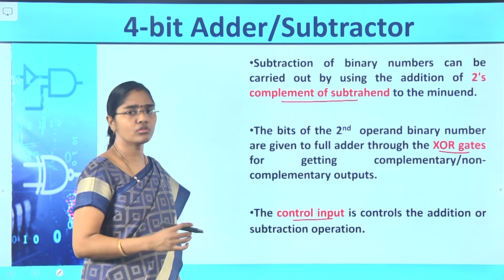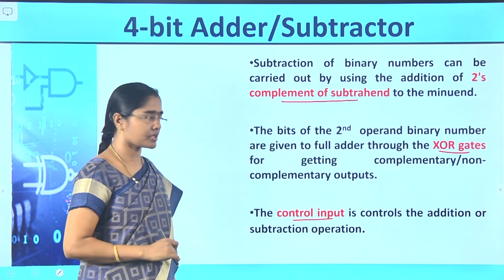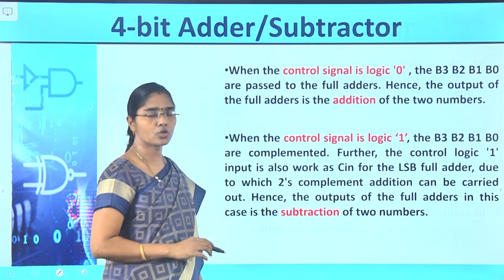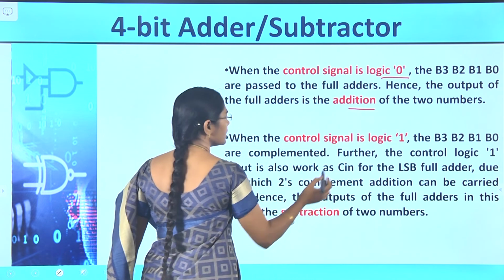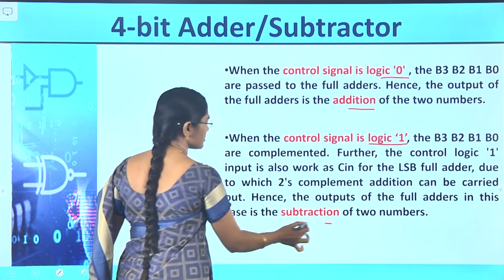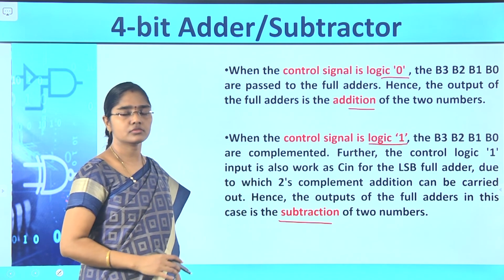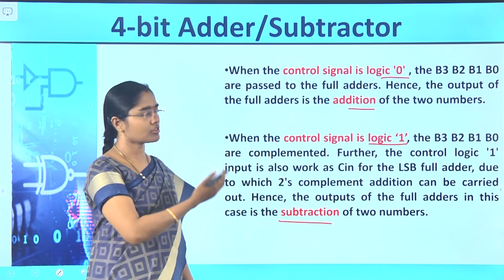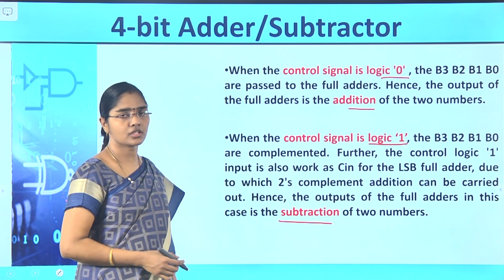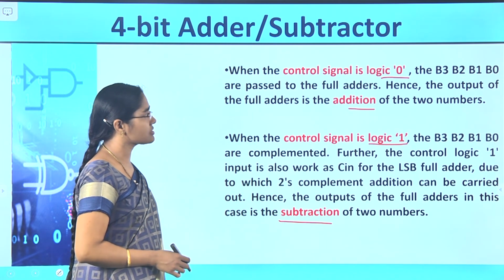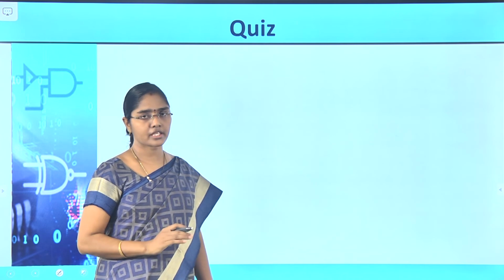When it is 0, addition; when it is 1, subtraction. Till now, the operation we have seen is just written in these slides. I hope you understood this adder bar subtractor also.